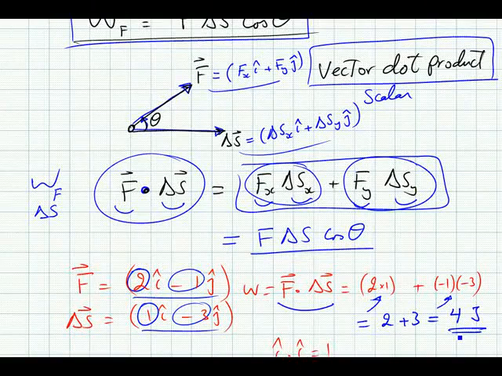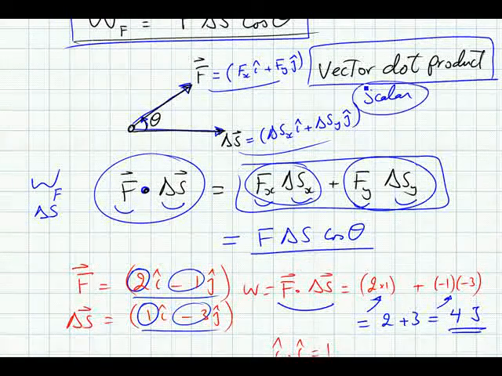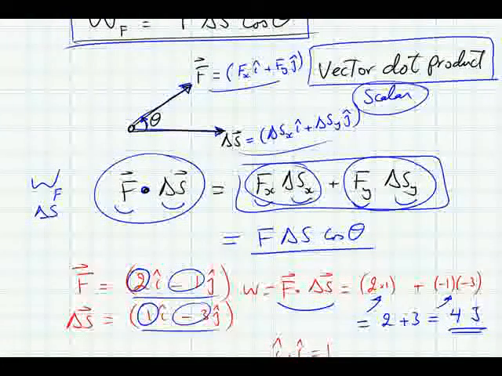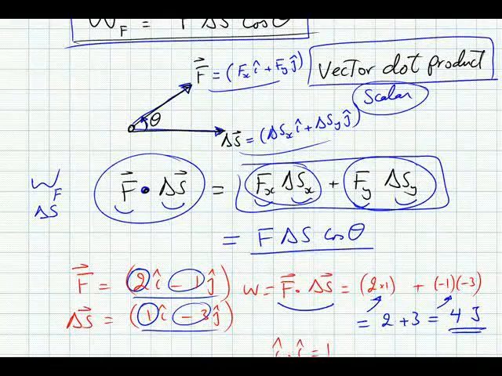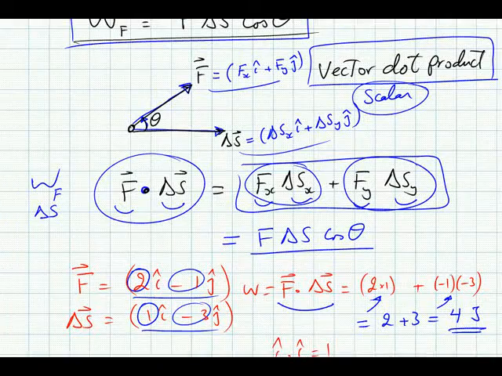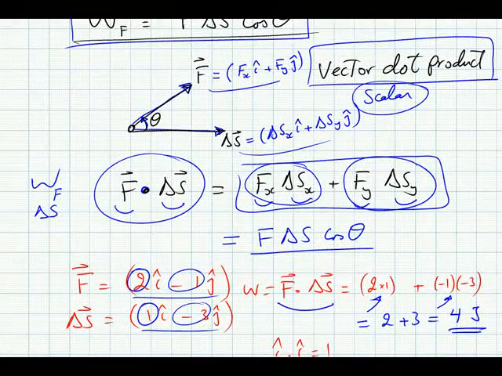So work done is 5 joules. It's a scalar result. Work is a scalar number. It has no direction, and that's why we use the vector dot product or scalar product.